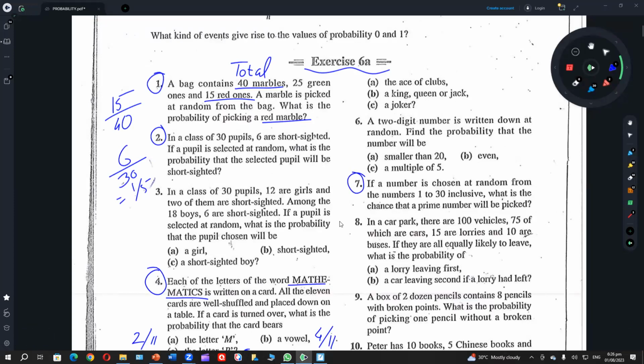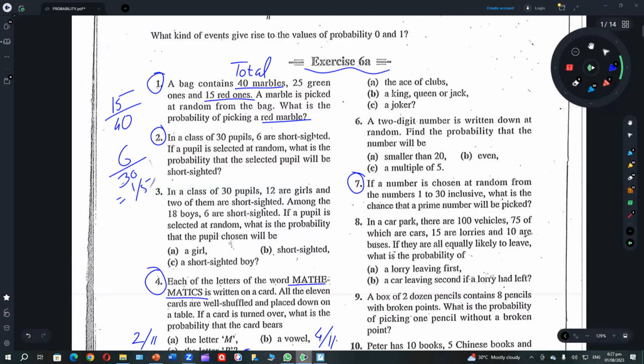Now see number 7. Read the question. So we have to see how many prime numbers. So 10 out of 30.